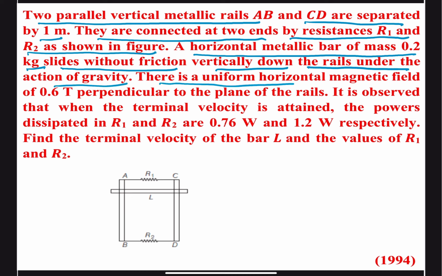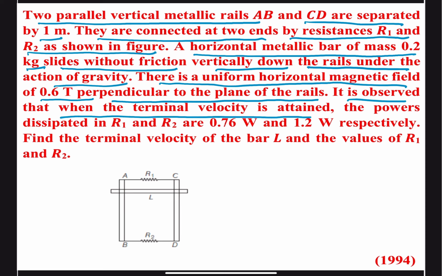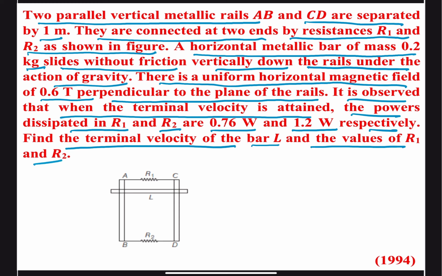There is a uniform horizontal magnetic field of 0.6 Tesla perpendicular to the plane of the rails. It is observed that when the terminal velocity is attained, the power dissipated in R1 and R2 are 0.76 watt and 1.2 watt respectively. Find the terminal velocity of the bar L and the values of R1 and R2.